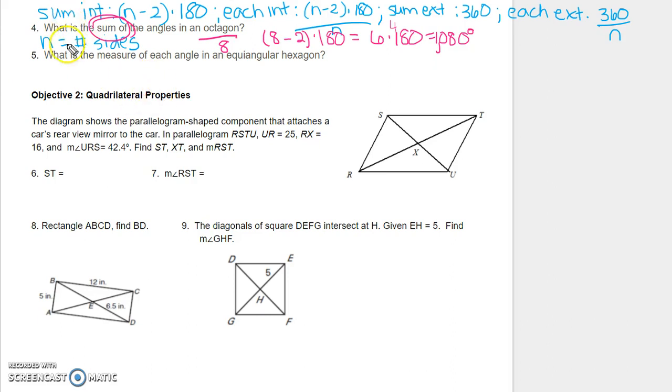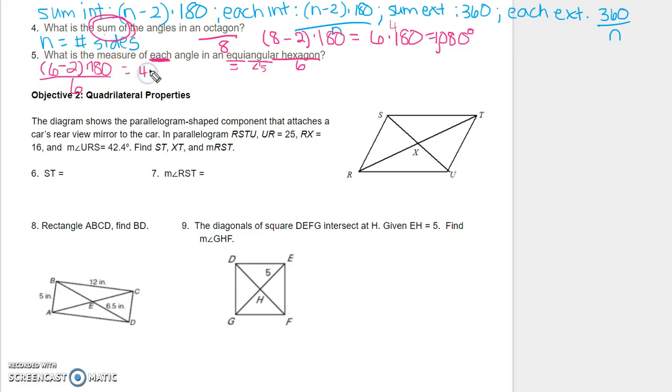Number 5, what is the measure of each angle in a hexagon? A hexagon has 6 sides. Equiangular means equal angles. Okay, so each angle means I'm going to be using the n minus 2 again, which is going to be 6 minus 2 times 180. But this time I'm going to divide it by the number of sides, which is 6.